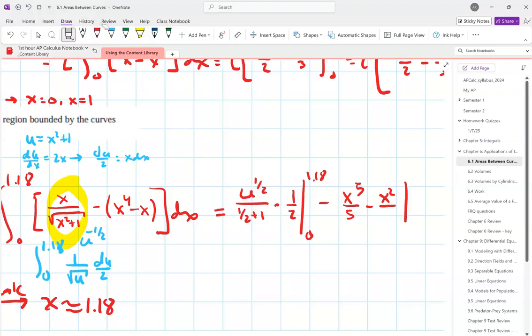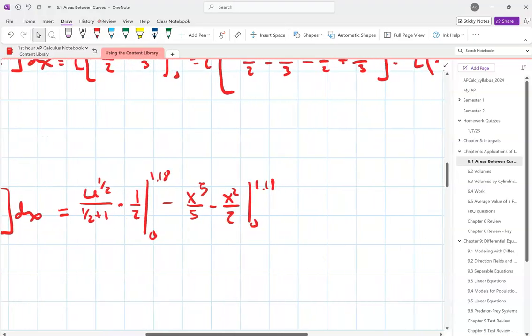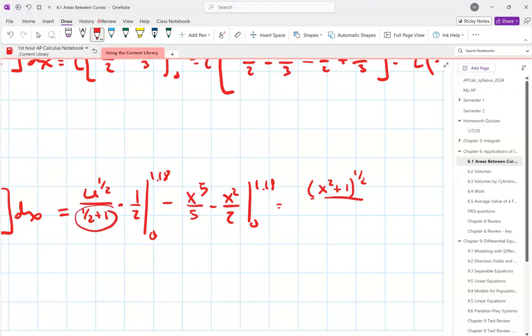Oops, not 3. So far, so good. So then I got to put my x's back. Now this is 3 over 2, right? Down here, when I multiply the half in, that just becomes a 3.